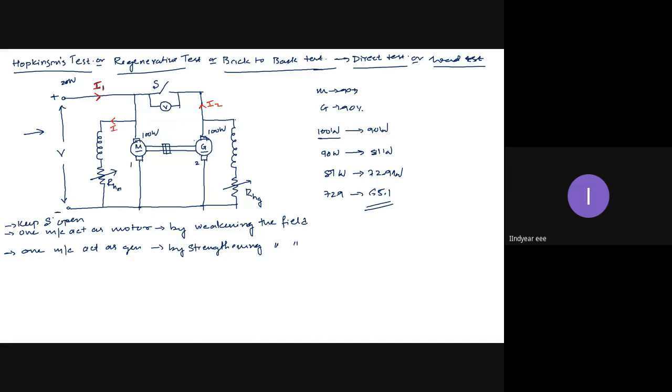This current is I3. And this current is I4. At this point, I1 meets I2, so this current will be I1 plus I2. And this current is I2 plus I4.